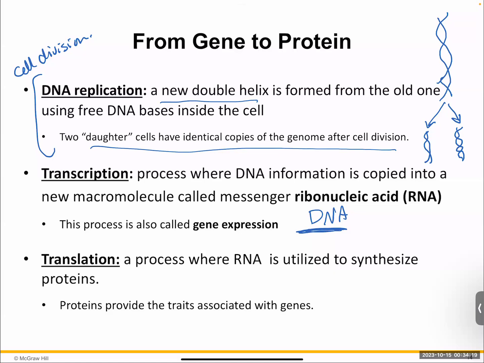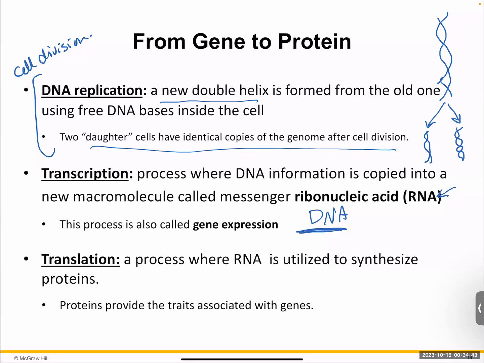And what I do is I create something called RNA. DNA basically makes copies of itself and creates what we call ribonucleic acid, or RNA. And again, see the similarities in terms of name: nucleic acid, and the word ribo is added. So it's basically very similar to the structure of DNA.